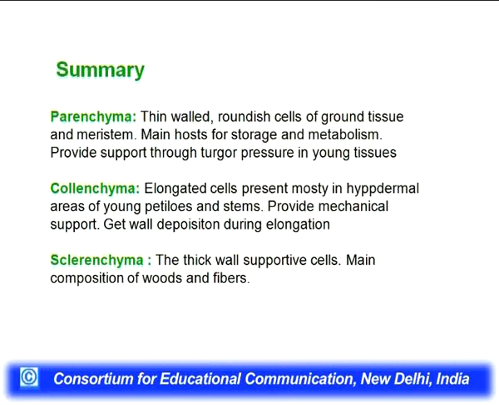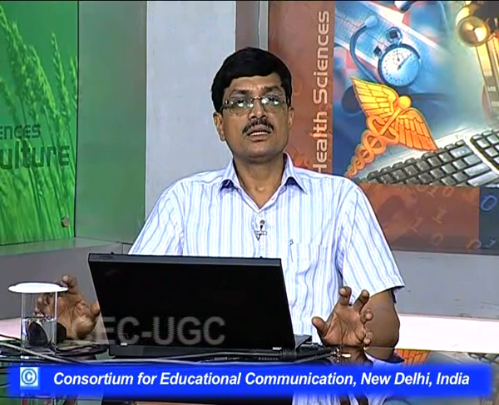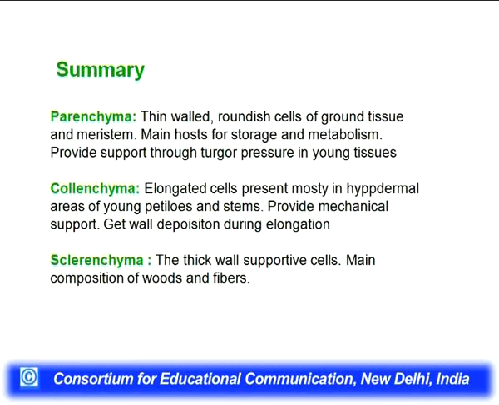So, now coming to the overall summary of whatever I told you today. In another 5 minutes I will summarize it for the students who might have joined late or are listening now. Plants are composed of mainly 3 types of cells: parenchyma, collenchyma and sclerenchyma.